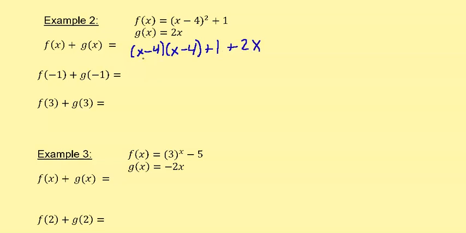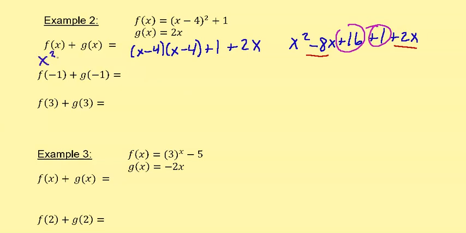Use box or FOIL, and then you get x squared minus 8x plus 16. Add 1 and add 2x. Combine like terms. And then you get x squared minus 6x plus 17.